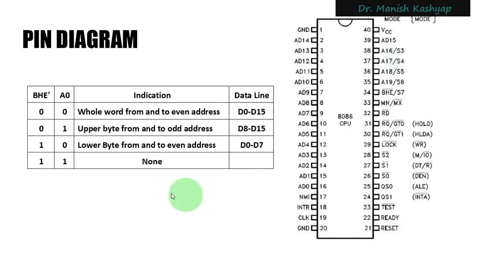Then we talked about BHE bar and A naught, right? Here we were discussing the memory structure of 8086, how external memory is organized into odd and even banks. Today I will first elaborate on this topic in some depth, and then we will move forward to the programming model. So we'll come back to this slide in a while.